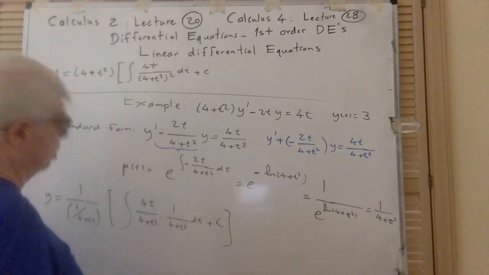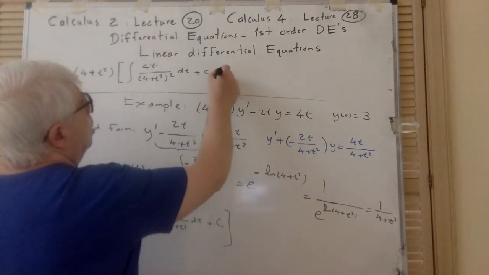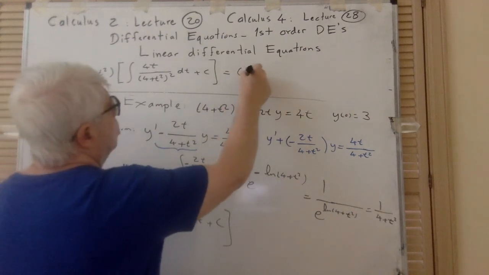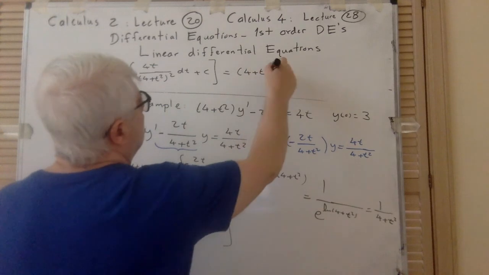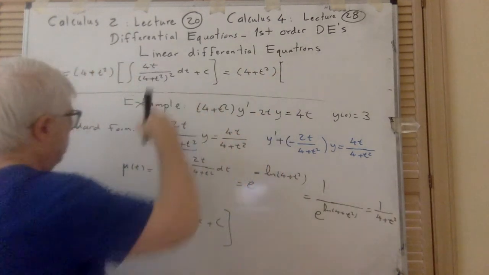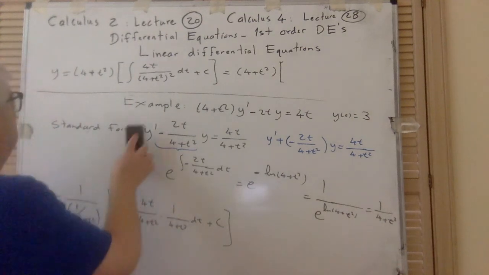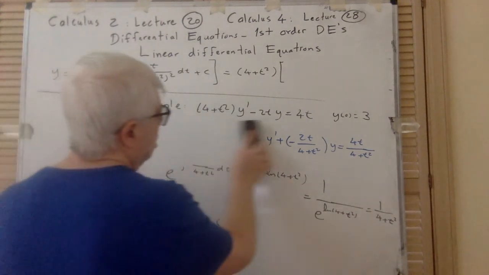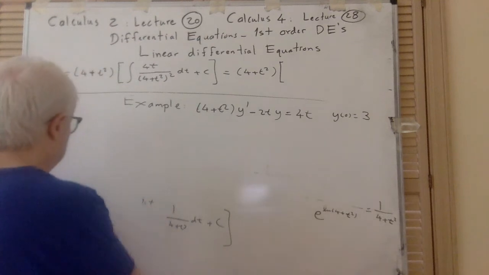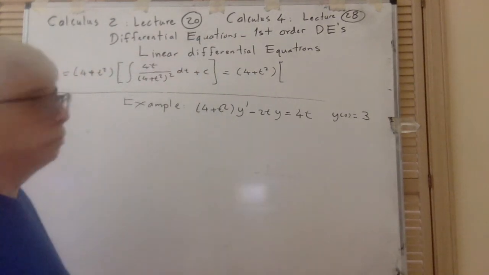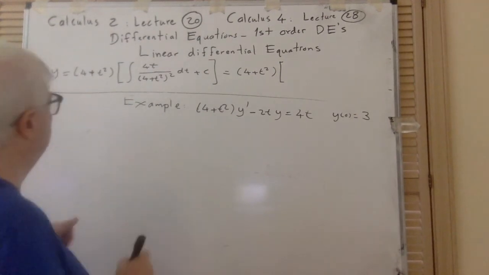So, what is it? Using substitution, I have 4 plus t squared, and I can erase these things here because I have done everything, so let's find this integral.